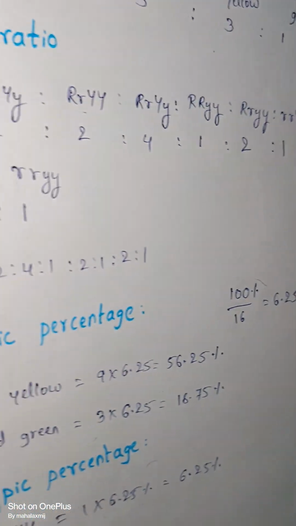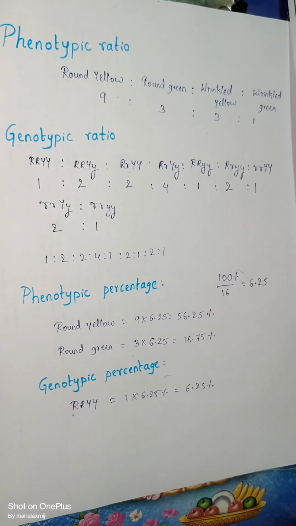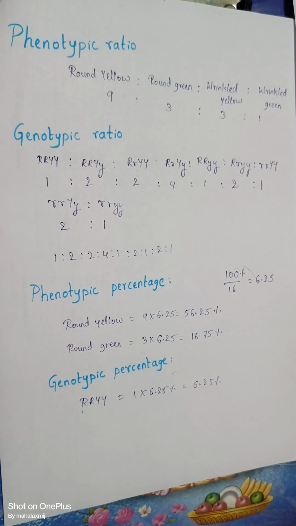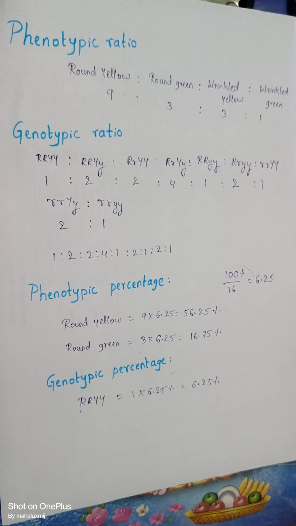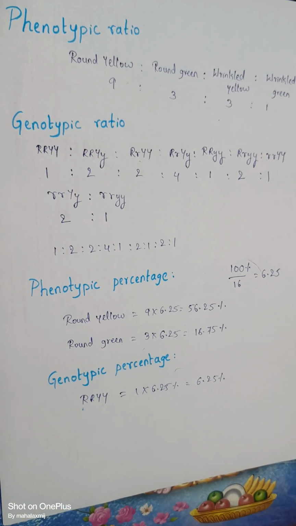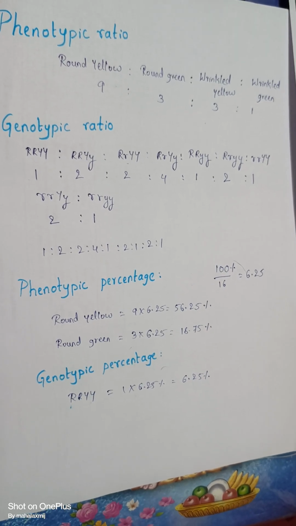This is how we conduct the dihybrid cross. So just remember, law of dominance and law of segregation are the monohybrid cross, and law of independent assortment is dihybrid cross because we are considering two different characters here. One is color of the seed and the second one is shape of the seeds.